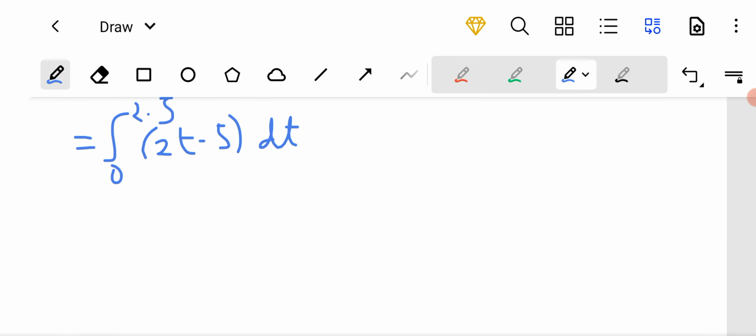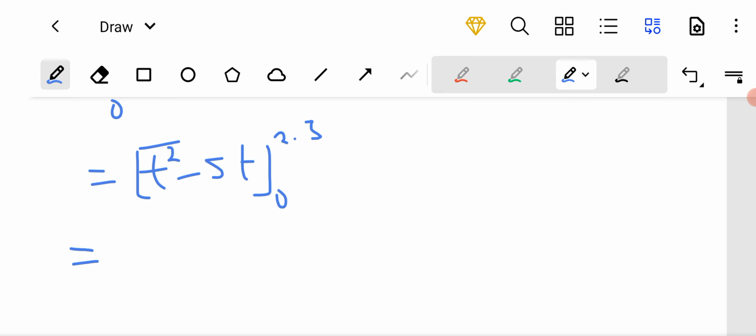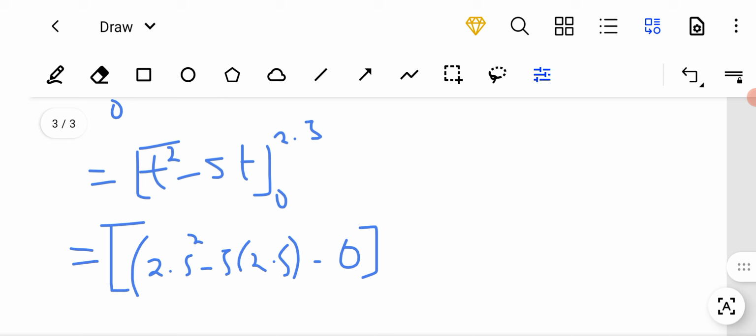This is going to become, when you integrate, t squared minus 5t, going from 0 to 2.5. Again, you will say it is equal to, if you substitute the 2.5, 2.5 squared minus 5 multiplied by 2.5, then minus 0.